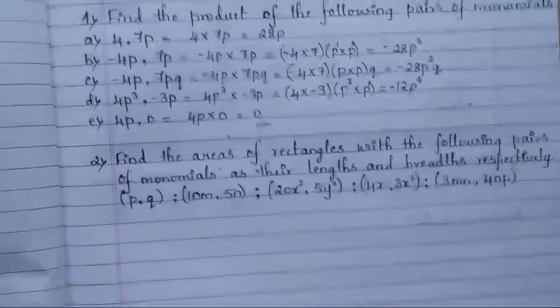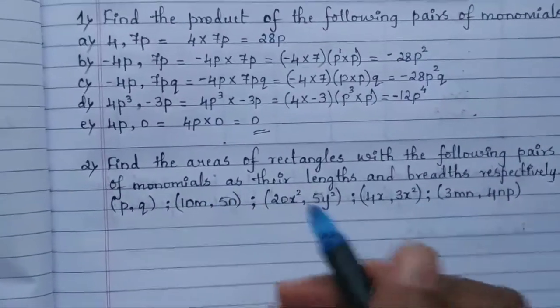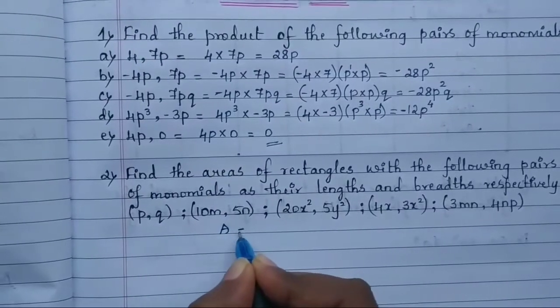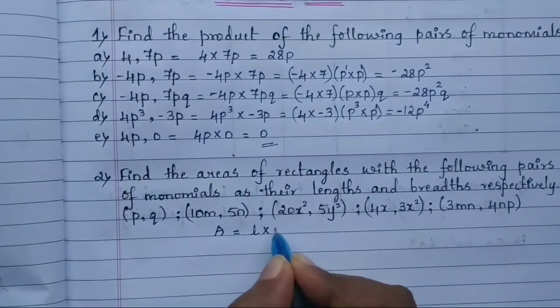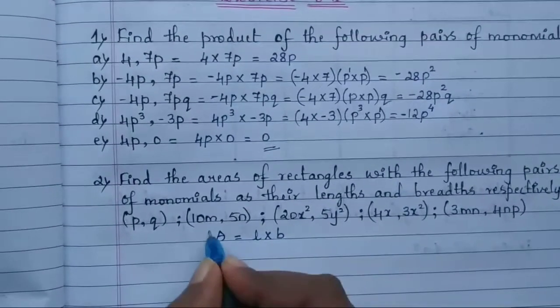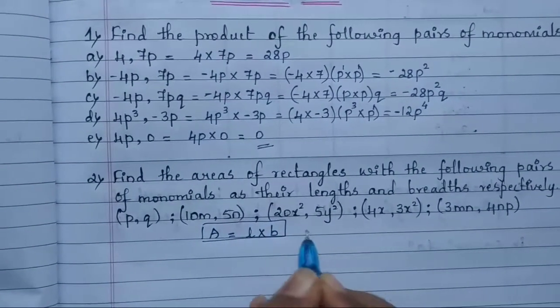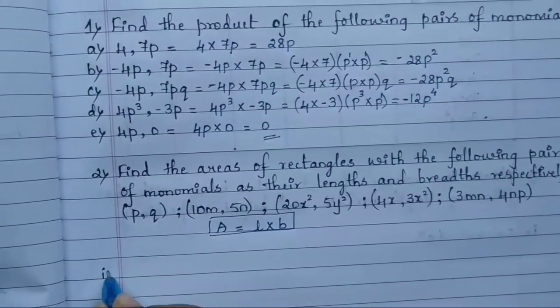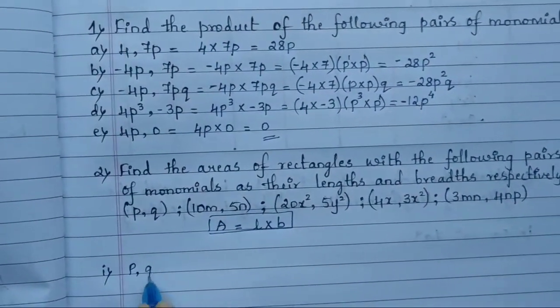First we need to know the formula to find the area of a rectangle. That is, area of rectangle, A, will be equal to length into breadth, that is L into B. This is the formula to find the area of a rectangle. Moving on to the first one, we have here p comma q.